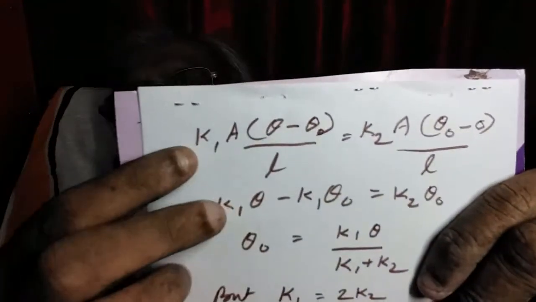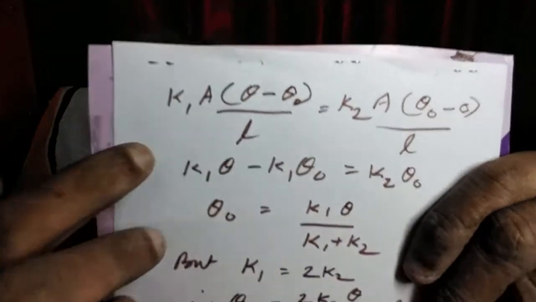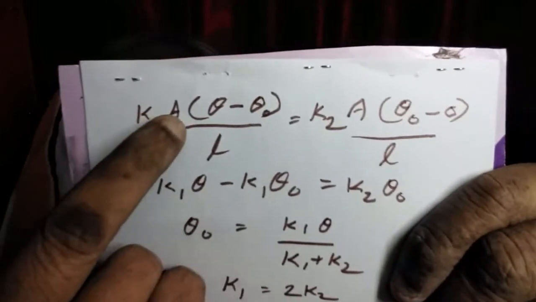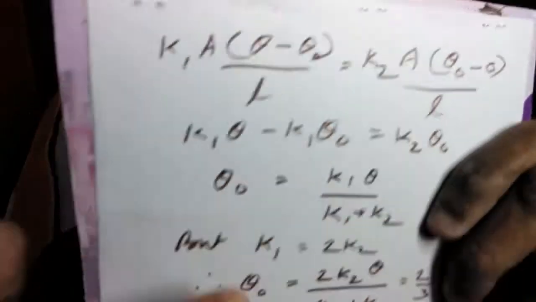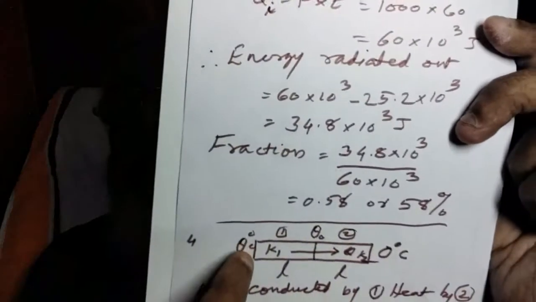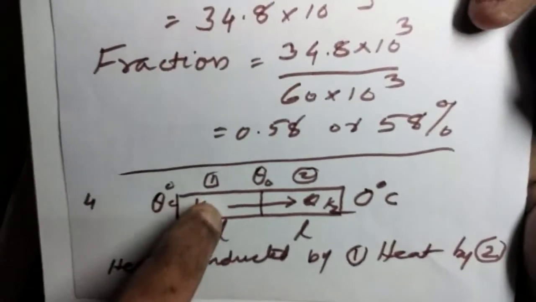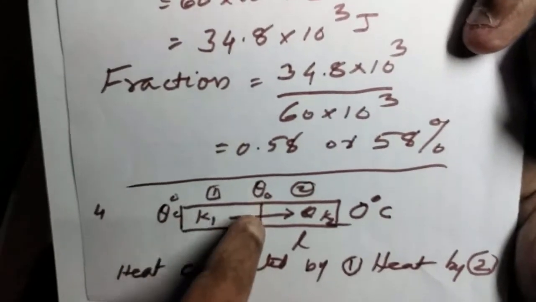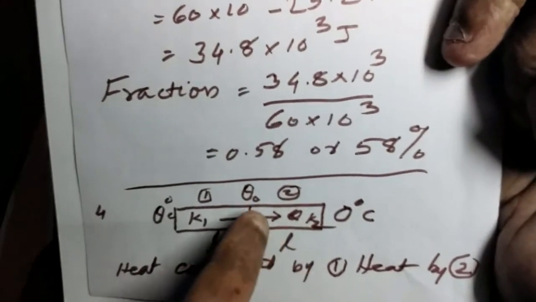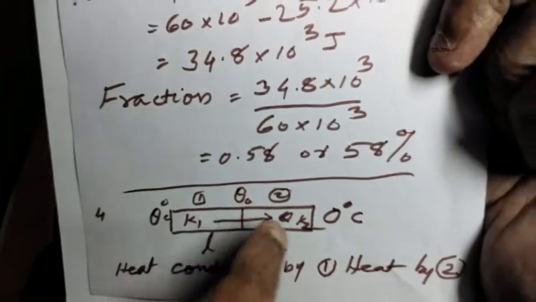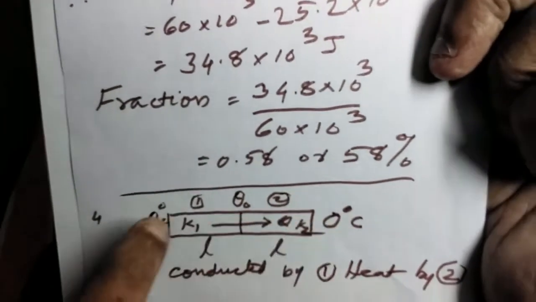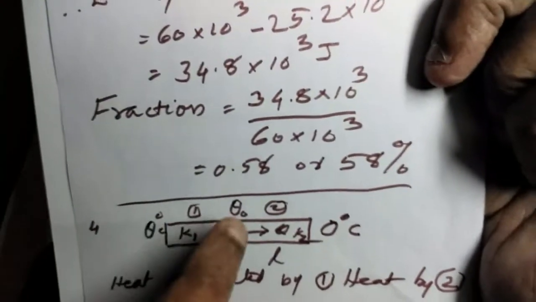So you can use the law of conduction. Heat conducted by first bar is K1 into A into theta minus theta 0, because one end of this bar is at theta degrees, the other end is at theta 0. For the second bar, hot end is theta 0, the cold end is 0. So here theta 0 minus 0, here theta minus theta 0.